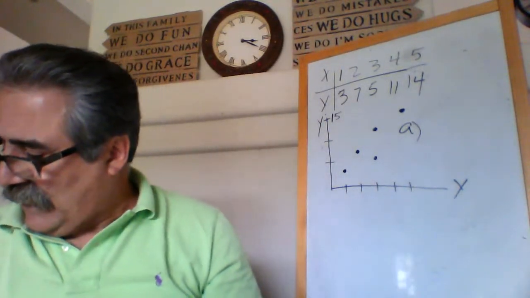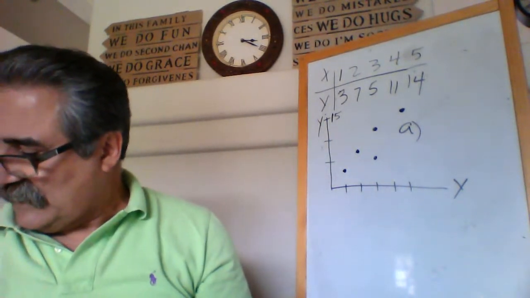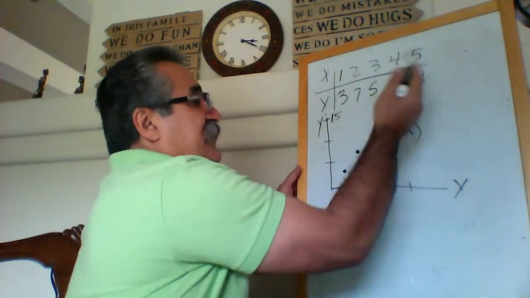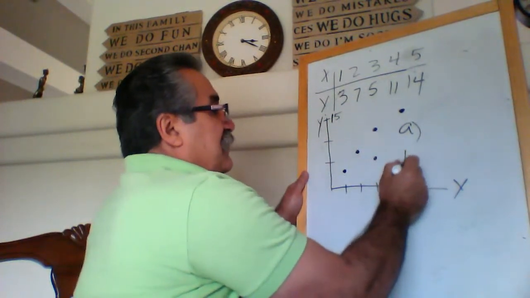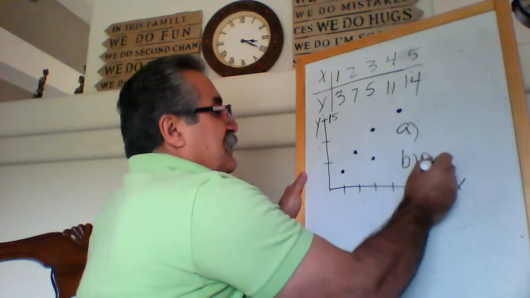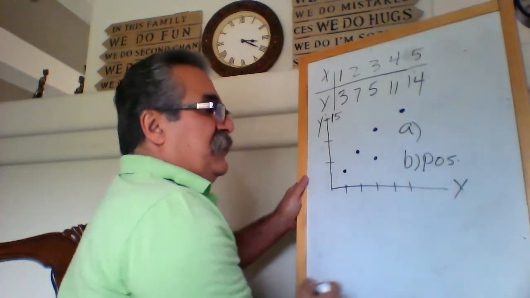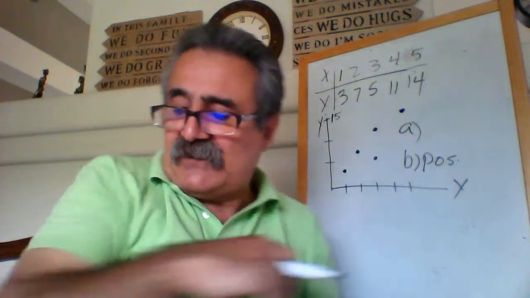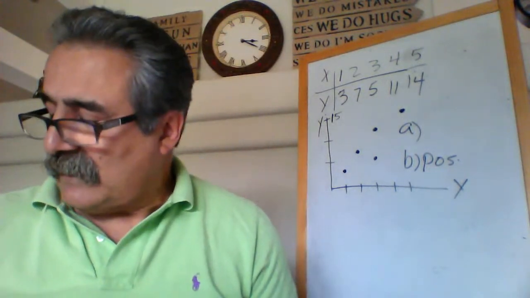For part B, what does this kind of diagram show? What kind of relationship for part B? It shows positive relationship. For part B, it shows positive relationship.